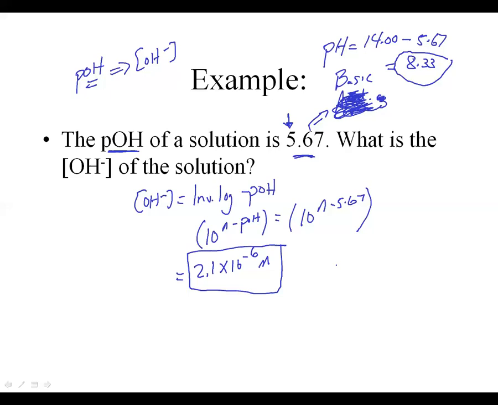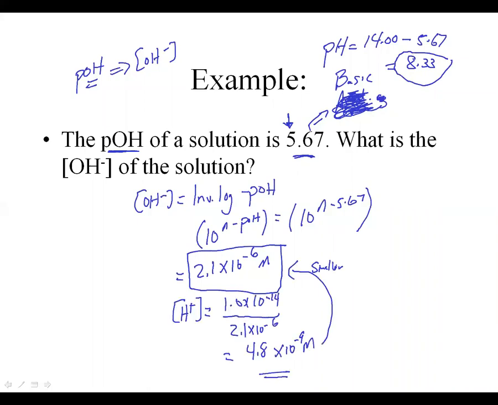And you would get an H plus concentration of 4.8 times 10 to the minus 9 molar, which is a smaller number than our OH minus, right? It's smaller. That means that our OH minus concentration is larger than our H plus, which tells us it's basic. We also see that our pH is greater than 7, which tells us it's basic. So this solution again would be basic.